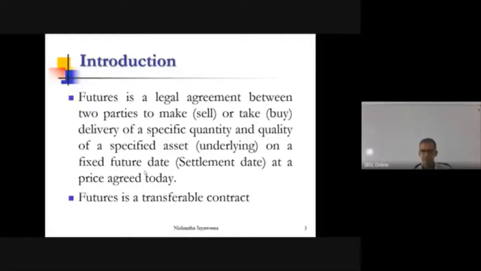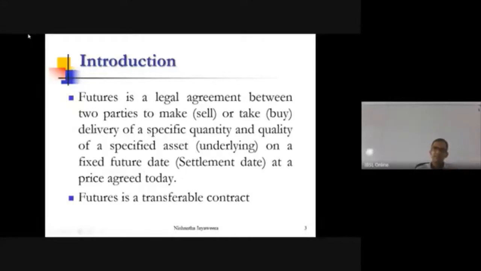So the settlement date, quantity, and the price are agreed. But if it is gold or oil or flour or some other commodity, then you have to specify the quality of that commodity as well. That's the difference.